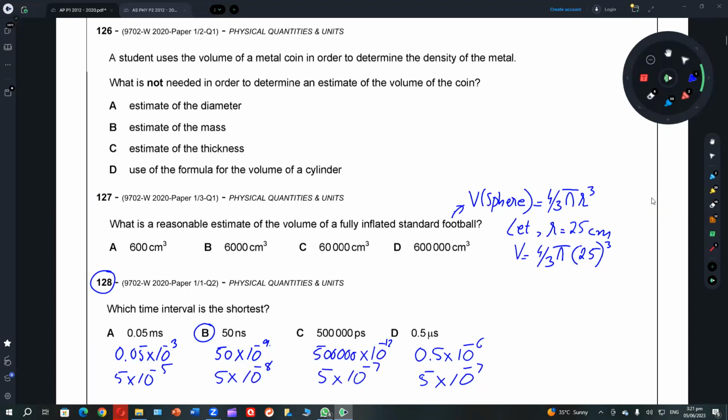Then we should repair our radius. Then it means we are not taking it correctly. If we try 15, 1.4 into 10 to the power 4.